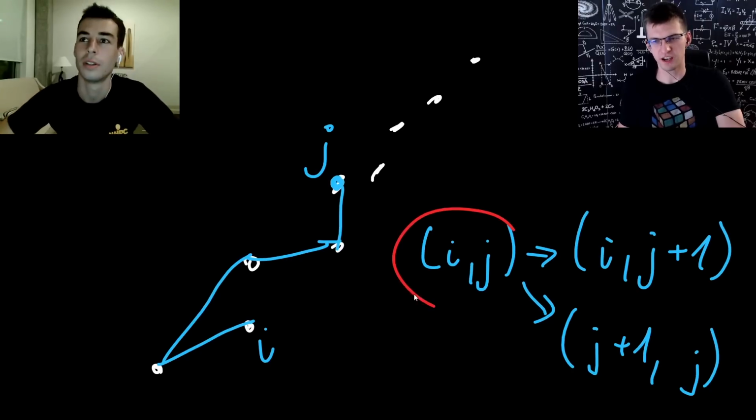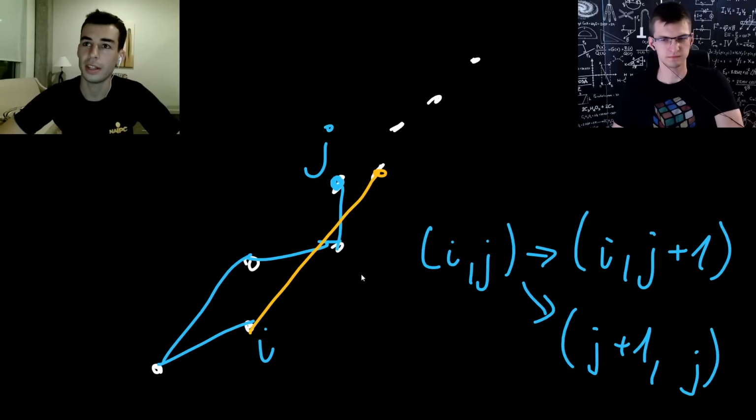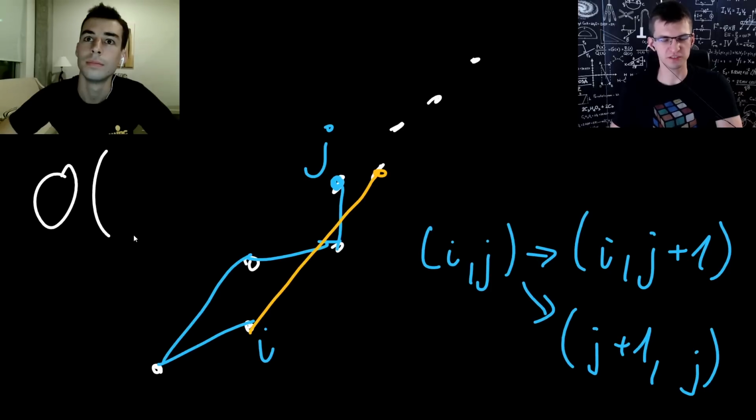So when we are at (i, j), we can just transition by either considering this new edge, and now we are at (i, j+1), or we consider this edge, and we are at (j+1, j). Even if you did need to consider intersections, it would only be n cubed, right? So it still probably would run in time. Yeah, because we would need to consider this segment. Let's just remember that the number of chosen points is k, so we have k squared.